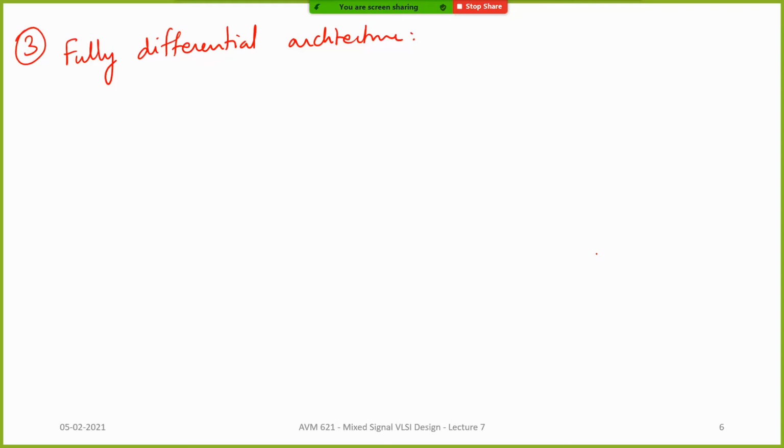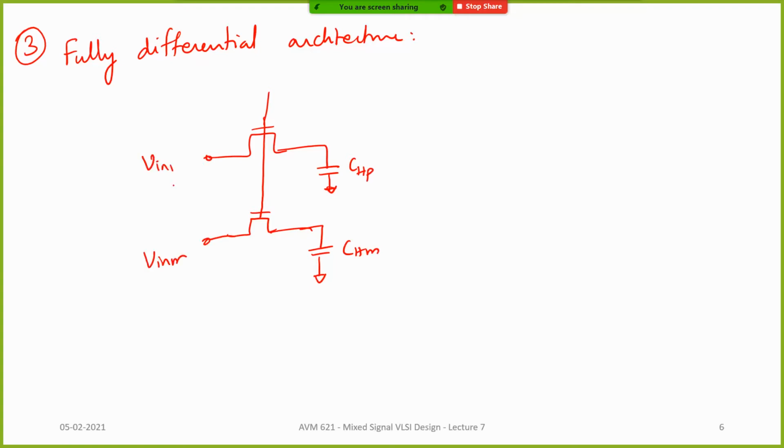The preferred thing is always a differential signal. So you have, let's say, this is CHP, CHM, this is going to be Vin M, Vin P, and this is going to be your phi.